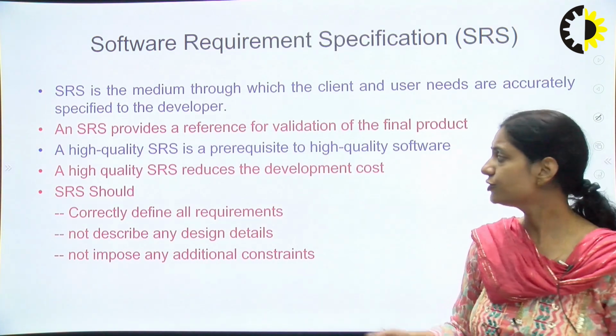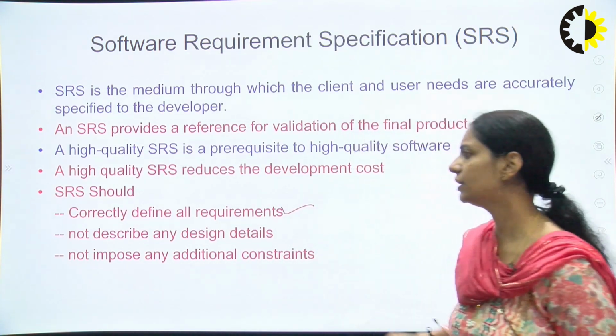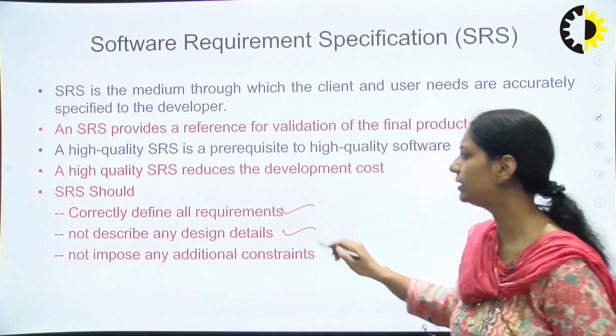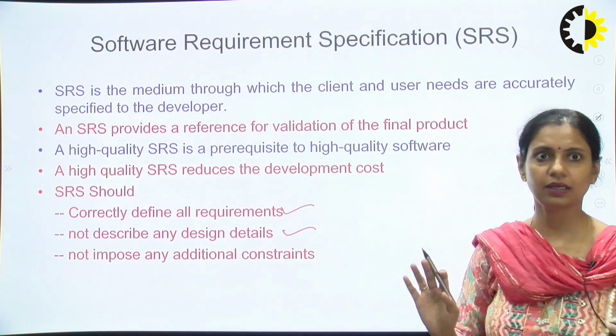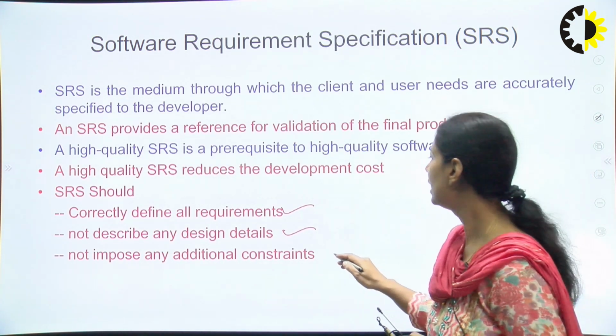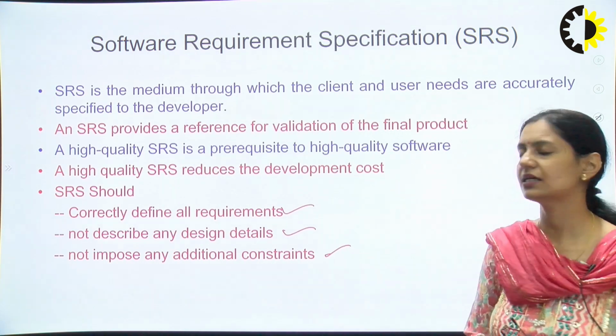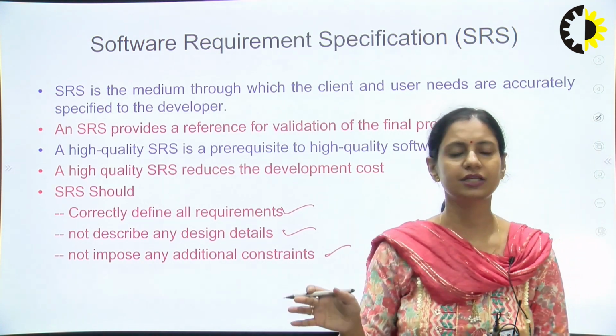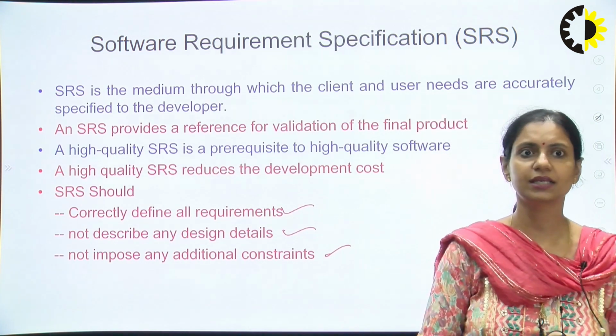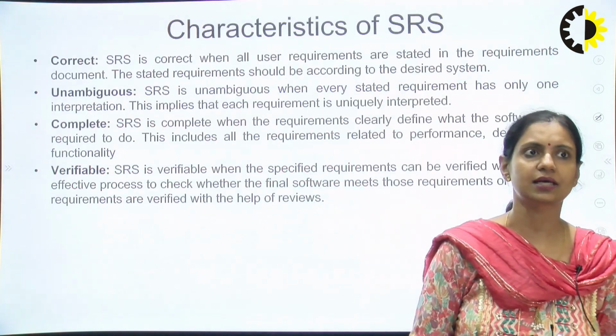So SRS should correctly define all the requirements. It should not describe any of the design details, only the theory part, and it should not impose any additional constraints. Nothing is changed later on. Whatever is discussed initially is taken up in the SRS.